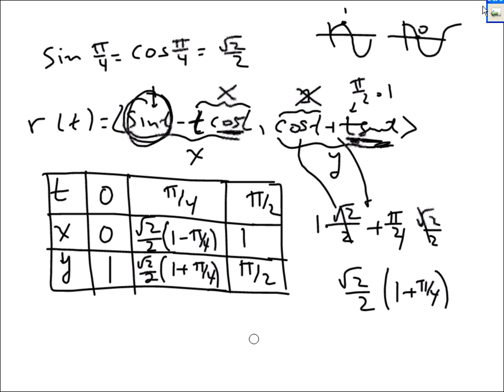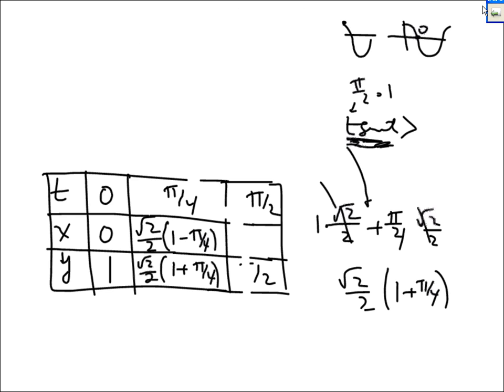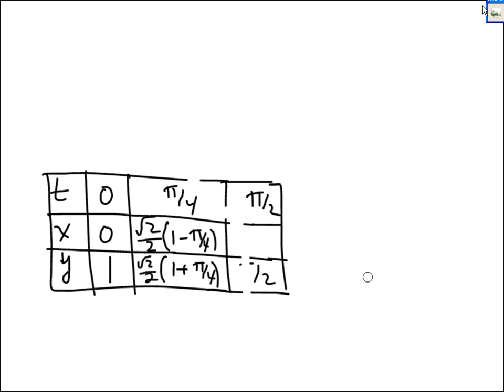Make sure of that. Let's get rid of most of this. This was pi and that was 1.